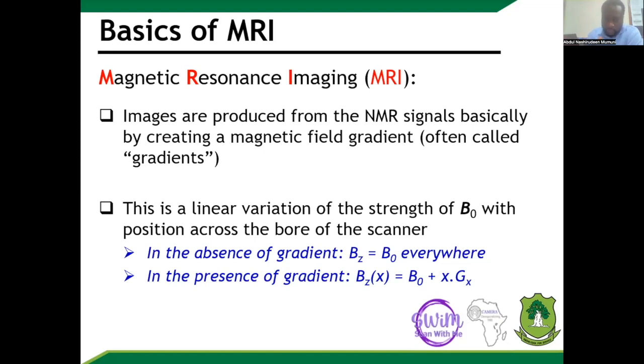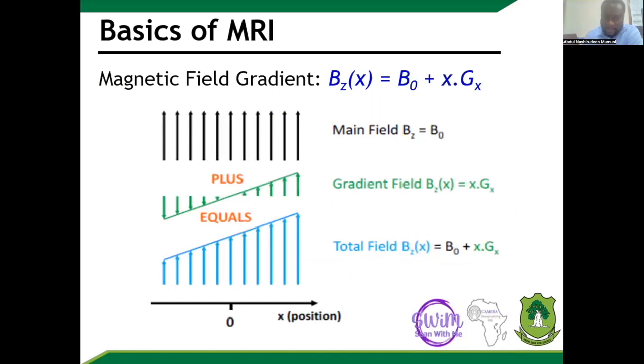So the bottom blue line gives the mathematical expression that tells us that if we need to vary the B naught, which is the external magnetic field, there are gradient coils built into the magnet, such that when they are activated, they vary the B naught, the external magnetic field, across the human body. So this is what it does.